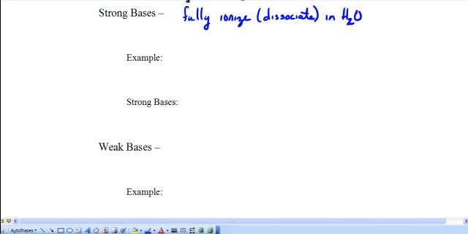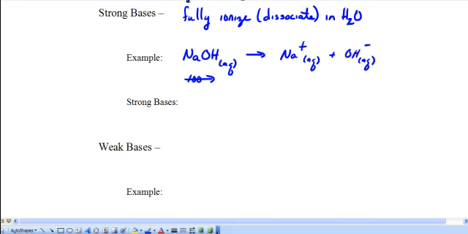For example, if I put sodium hydroxide into water, so I'll say that it's AQ, and if I had 100 of those, virtually all 100 of them will split up into sodium ions and hydroxide ions. I'll get 100 of these and 100 of these, and none of the NaOH will be left.